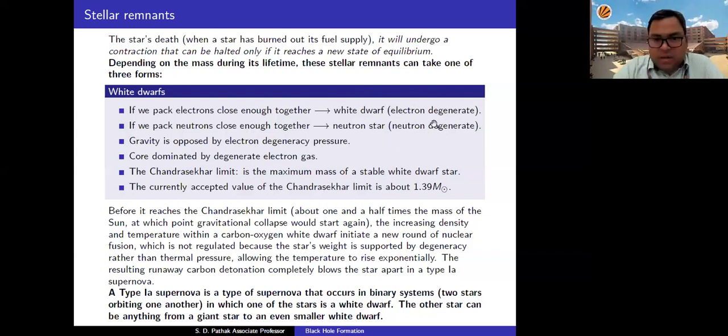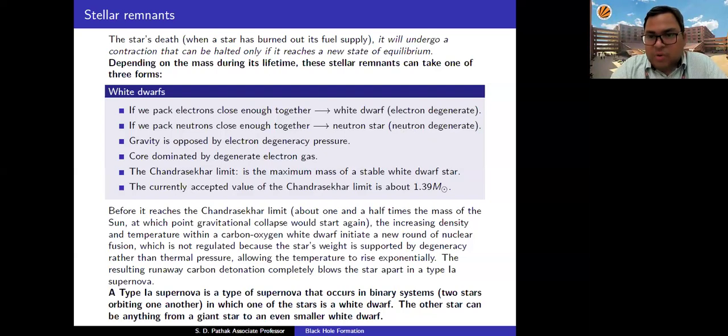But in the second case, if the star mass is much more than the Chandrasekhar limit, then the proton and electron combine together and neutrons are left. In the theory of beta decay, you know very well, a neutron converts into a proton and a proton converts into a neutron, and the beta particle and anti-beta particle, called positron decay.